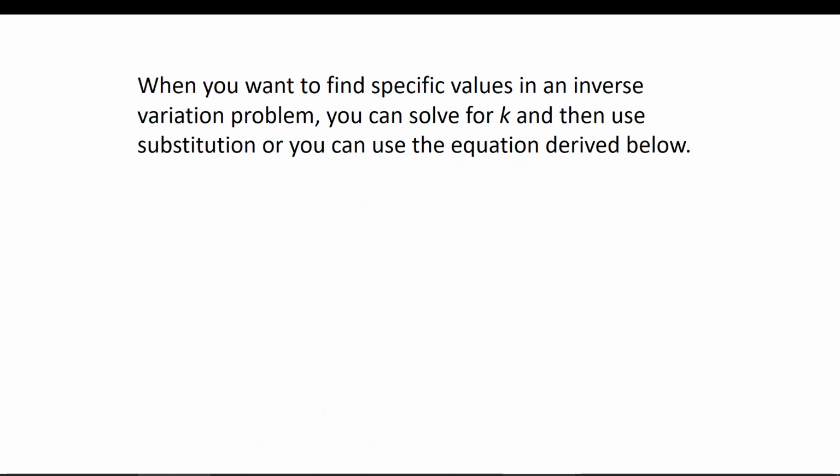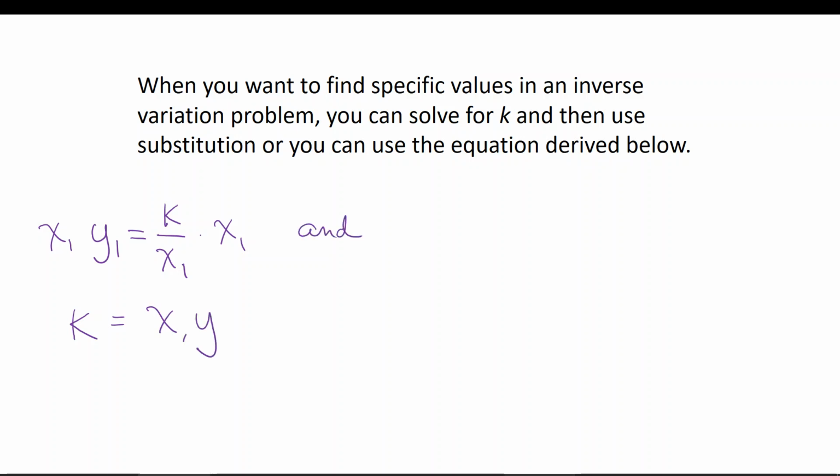All right, so just like in direct variation, when you want to find specific values in an inverse variation problem, you can solve for k and then use substitution, or you can use the equation derived below. So here's the equation. If I have y1 and it's inverse variation, that's going to equal k over x1. And if we solve for k, we're going to multiply x1 on both sides, so we'll have k equals x1 y1.